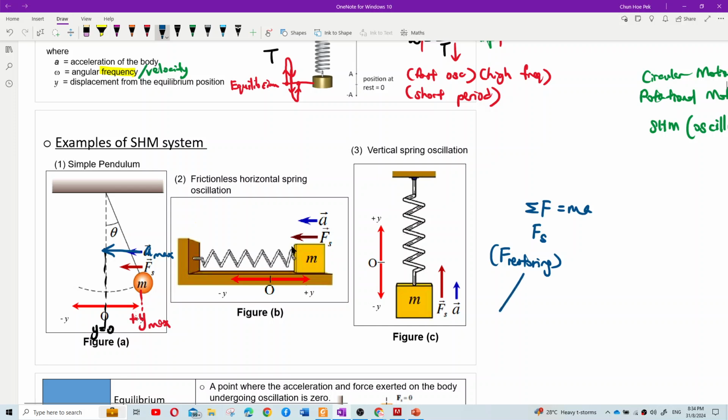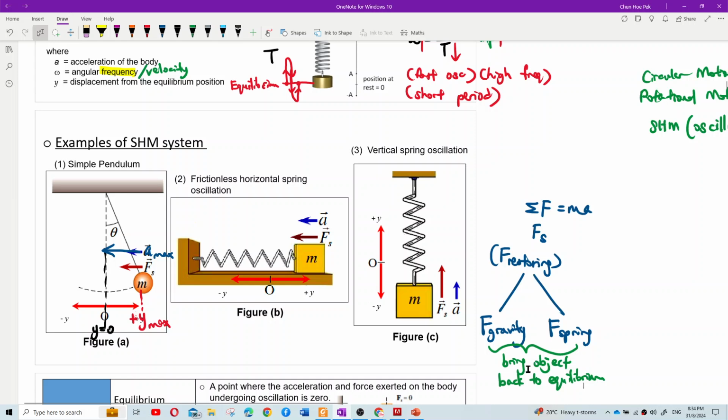So this restoring force can be provided by gravity, which wants to bring the object back to equilibrium, or it can be the force of the spring. What is the function of this restoring force? Bring the object back to where? To the equilibrium position.